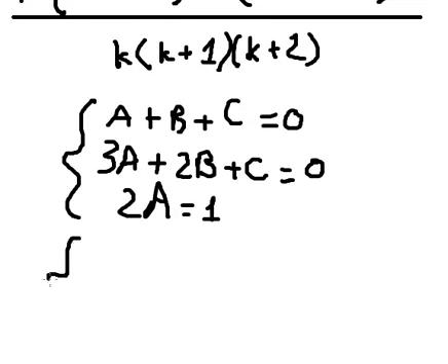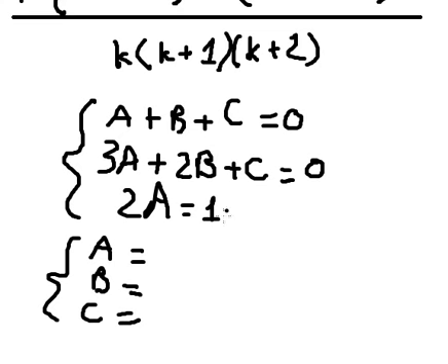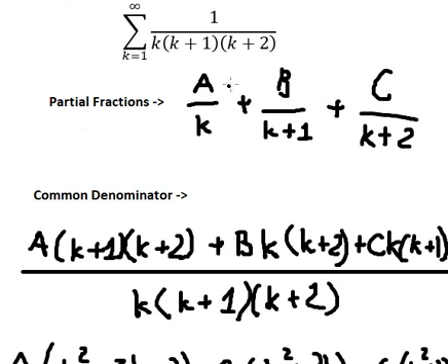So we need to find the solutions of A, B, C. So A equals 1 over 2, B equals negative 1, C equals 1 over 2. After we got this, we go back in here.